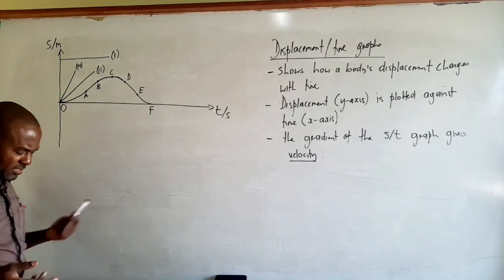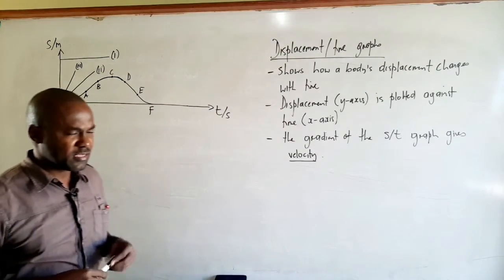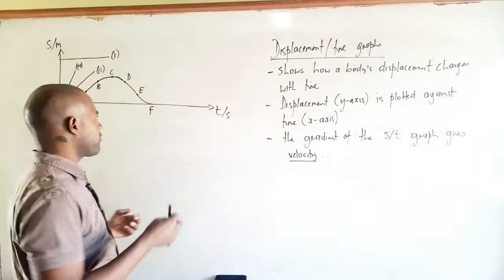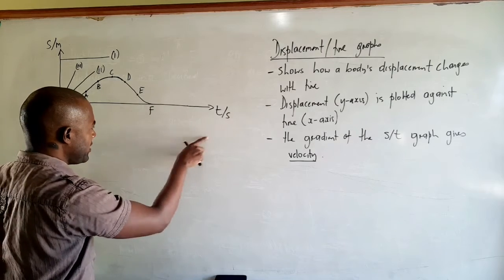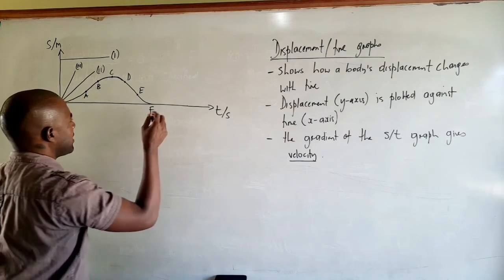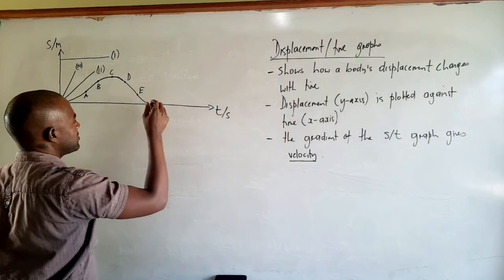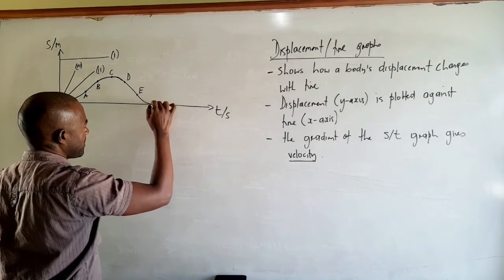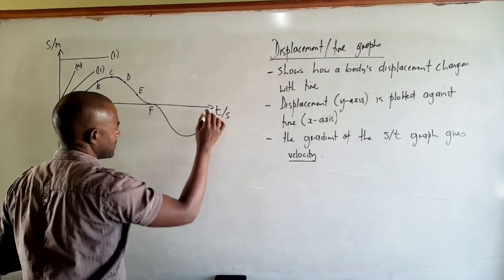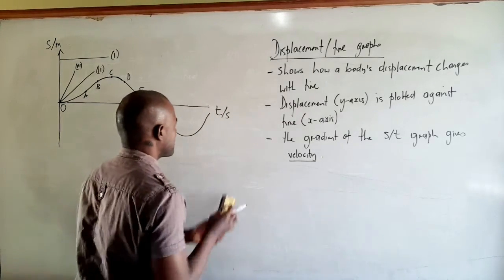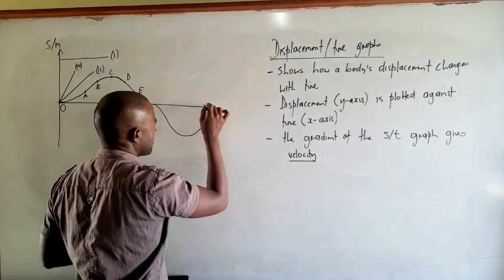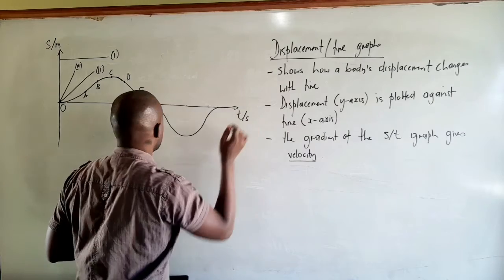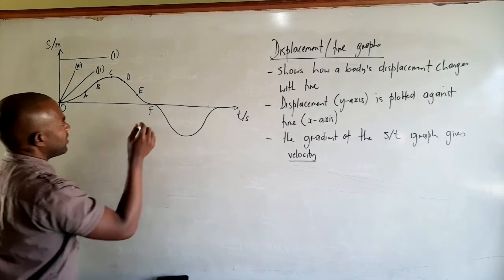Now, because it's a displacement time graph, and as I said, that displacement may be positive or negative depending on direction from some reference point, we'll of course extend the graph to include a negative portion. So if we extend the graph like this, right, and let's add some additional letters.